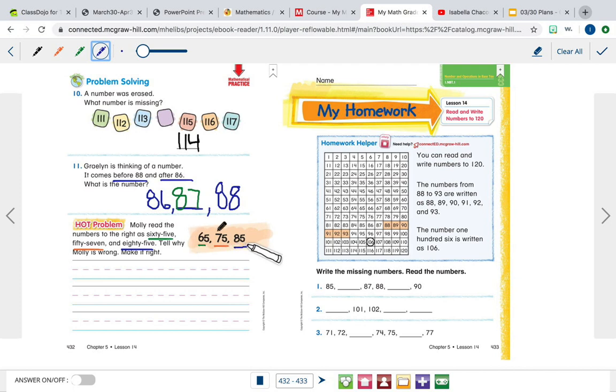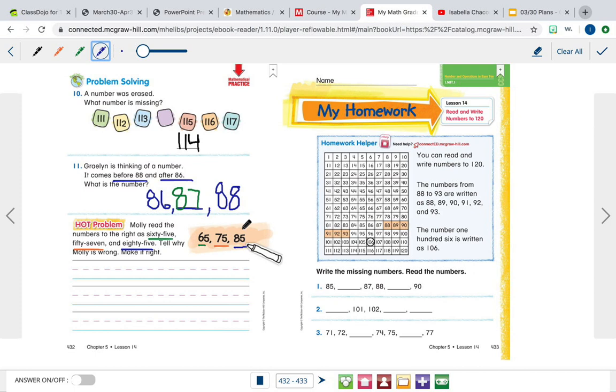So Molly read these three numbers as 65, 57, and 85. Tell me why Molly is wrong. Make it right. So, which number is right? Is this number 65? Is this number 57? Is this number 85?